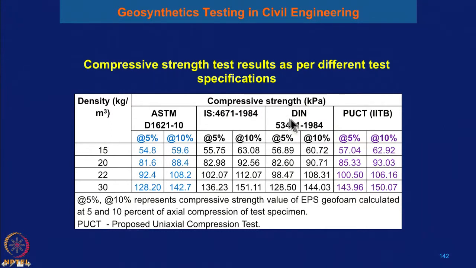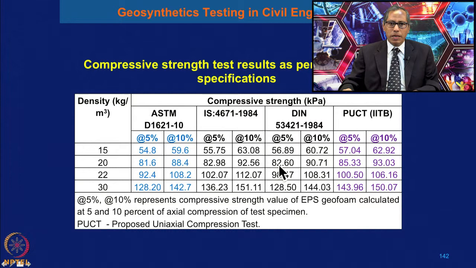So, this is the DIN specification to determine the compressive strength of the EPS geofoam, as per 53421 in 1984. For 5%, for a density of 15 kg per meter cube, compressive strength is 56.89. For a density of 20, it is 82.60. For a density of 22, it is 98.47.